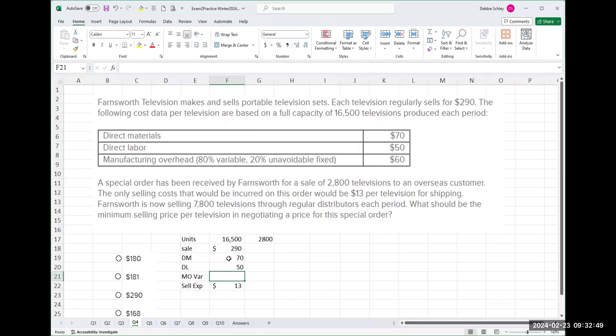And then it's going to be just the variable portion. So I'm going to go equals 60 times 0.8 for 80%. That gets me $48. And then I have that $13 cost.